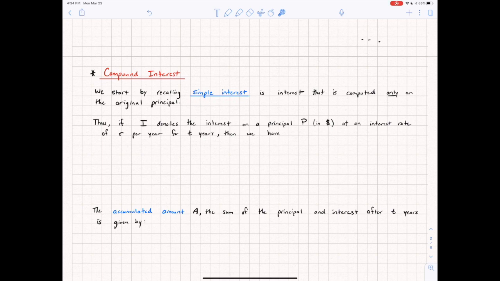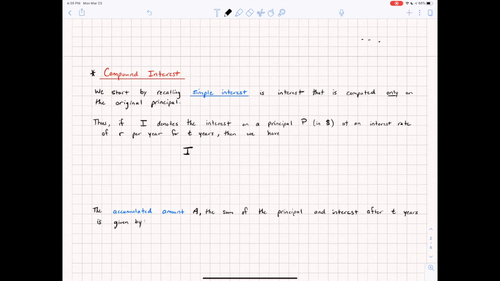Simple interest is specifically interest that is computed only on the original principal.